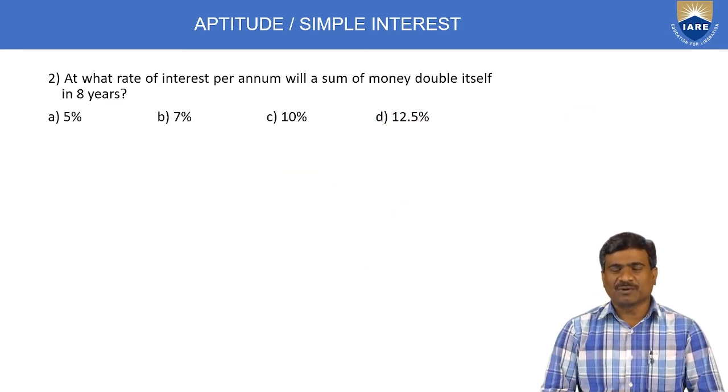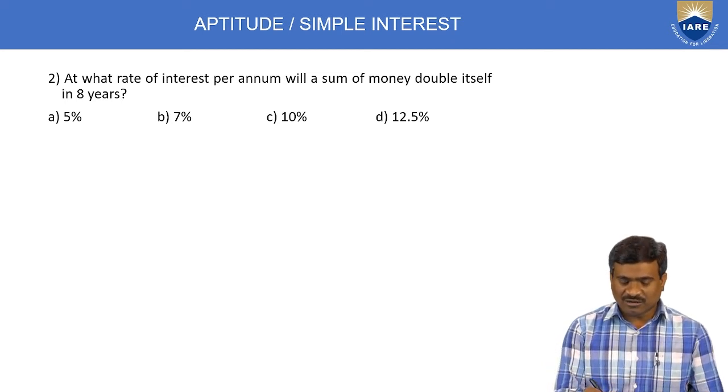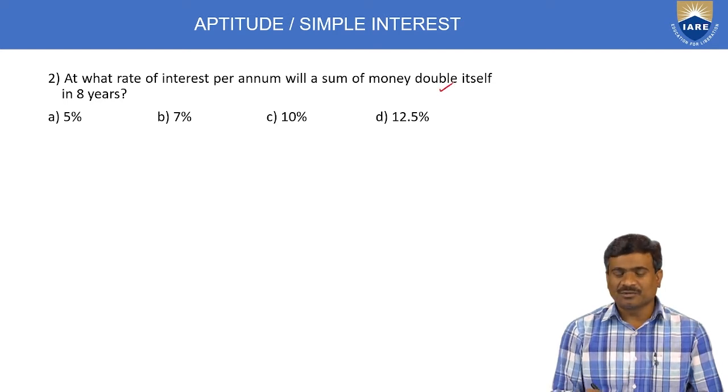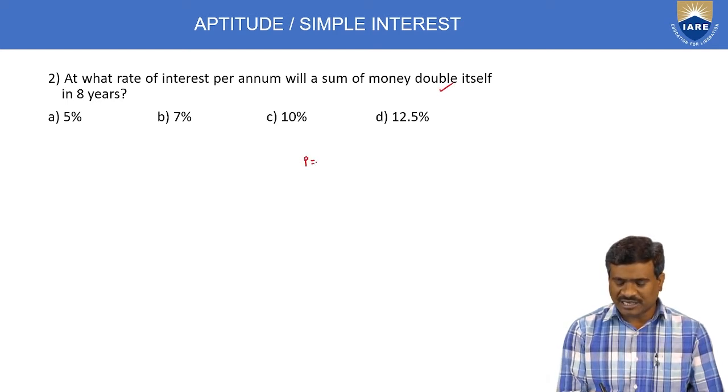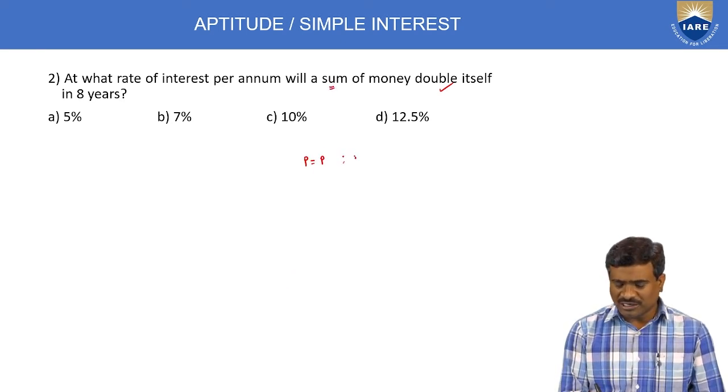Next, second example: at what rate of interest per annum will a sum of money double itself in 8 years? A 5%, B 7%, C 10%, D 12.5%. Suppose principal amount is equal to P. Sum indicates principal amount. Double indicates amount is equal to 2P.